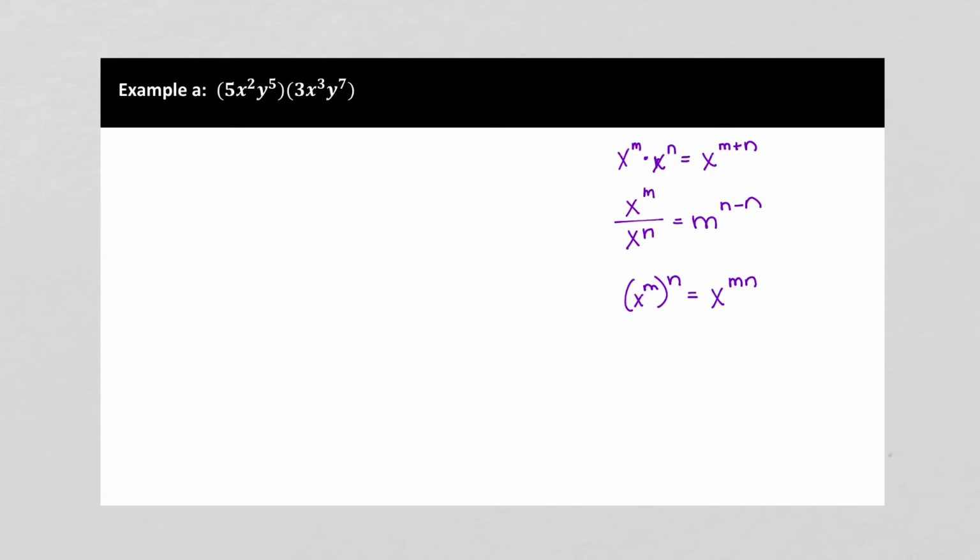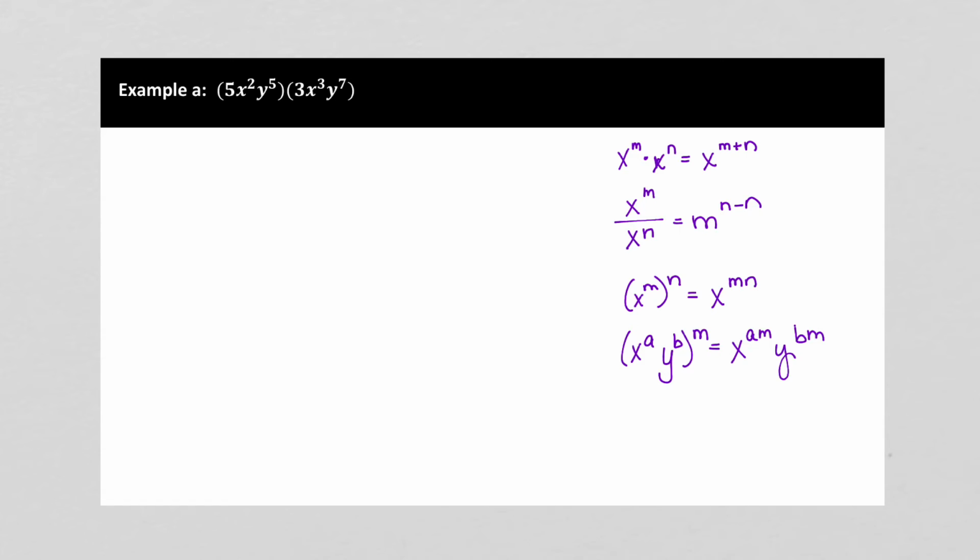Then let's see, what else do we have? This is kind of like distribution in a way. You can't do this with addition and subtraction. But when you're multiplying in here, then you can take the m and multiply it by each of those. So x to the am times y to the bm.